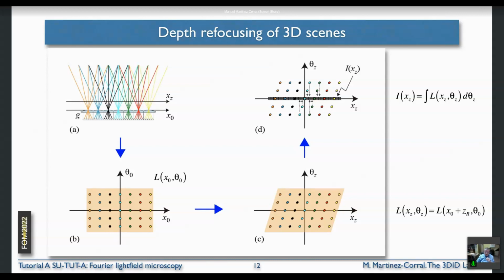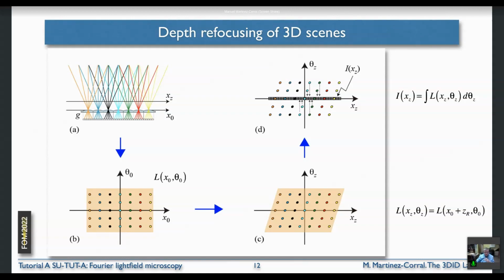And we can see that when I go from this plane XO to this other plane, theta, the angles don't change. The angular information is the same, but the spatial information is different, and it has changed proportionally to the distance. And this is mathematically represented by shearing the Lightfield function.